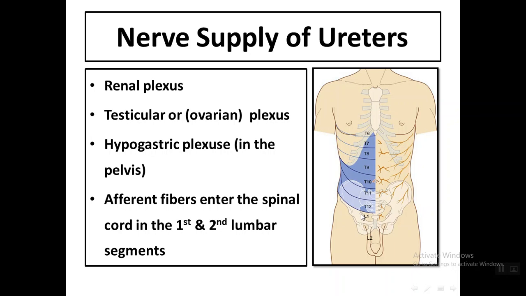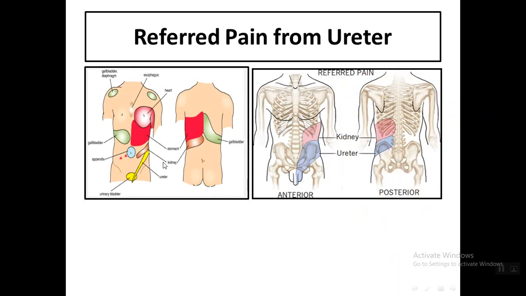The ureteric pain will be felt in the first and second dermatomes of the anterior abdominal wall skin. That is, the pain of the ureter will be felt from loin to groin, from the flank down to the inguinal region.